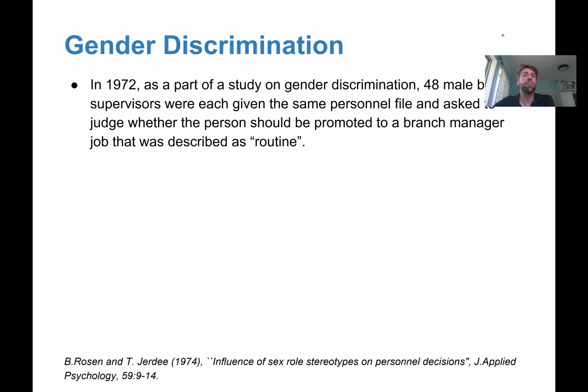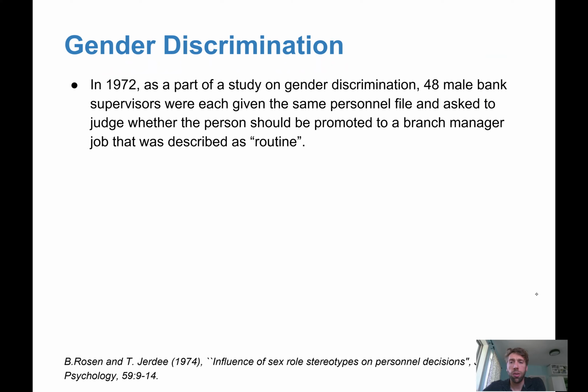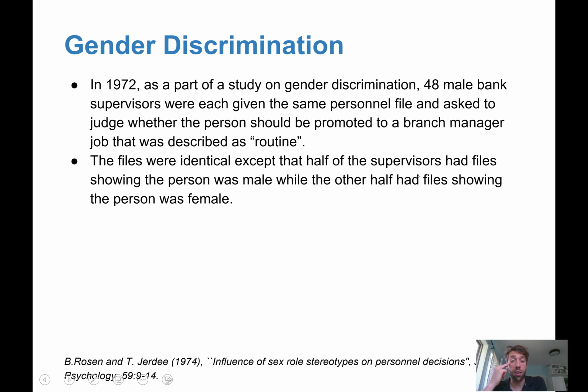In 1972, as a part of a study on gender discrimination, 48 male bank supervisors were each given the same personnel file and asked to judge whether the person should be promoted to a branch manager job that was described as routine. The files were identical, except that half of the supervisors had files showing the person was male, and the other half had files showing the person was female.